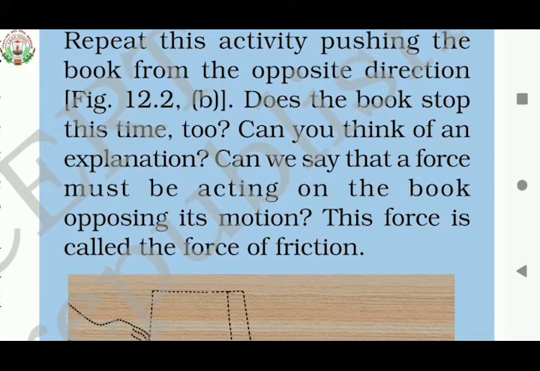The force of friction always opposes the applied force. So it will be always opposite to the direction of force, or we can say opposite to the direction of motion of the object.